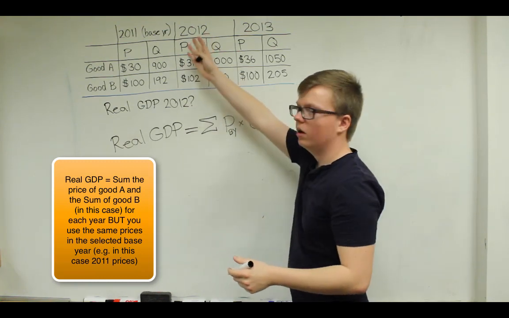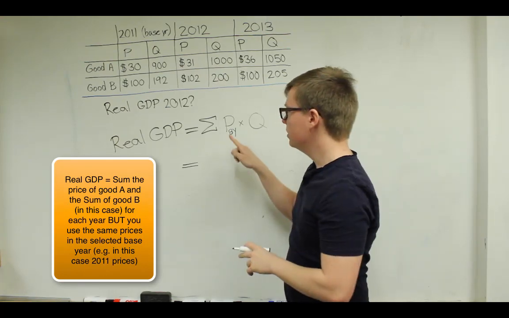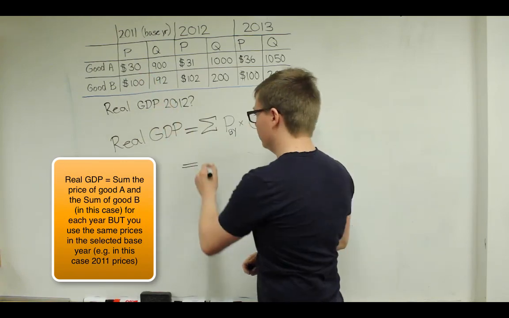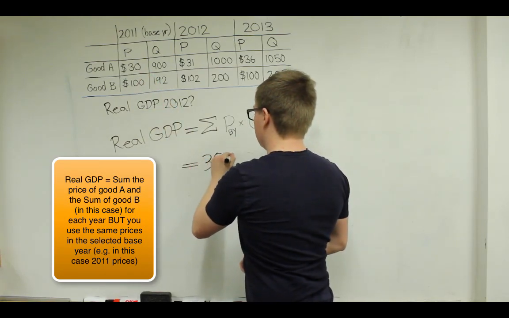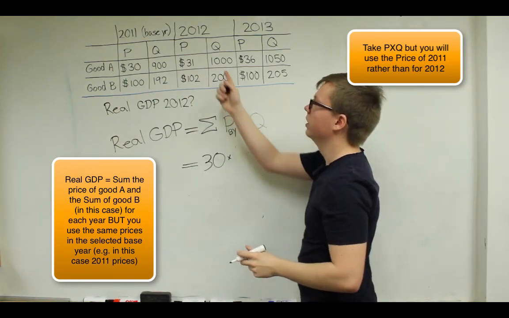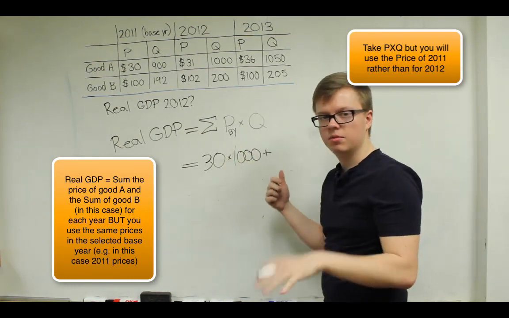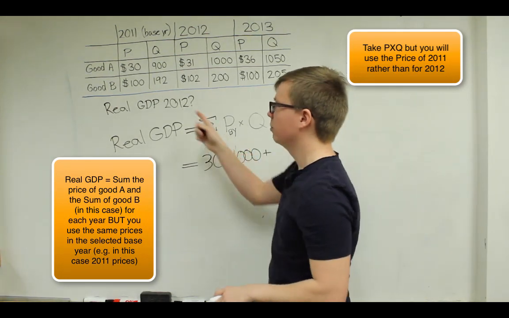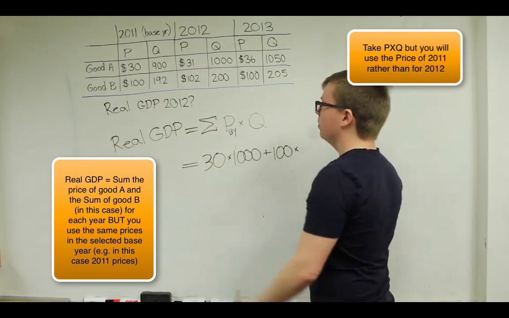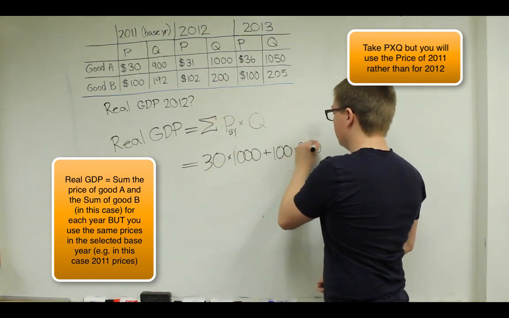So for 2012, first we do good A. We take the price from the base year, 2011, which was $30 for good A, and multiply that by the quantity from 2012 for good A, which was 1,000. Now we do the same thing for good B and add that together. The price in the base year, 2011, was 100, and the quantity produced in 2012 of good B was 200.